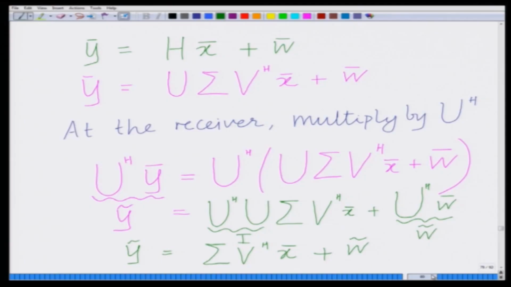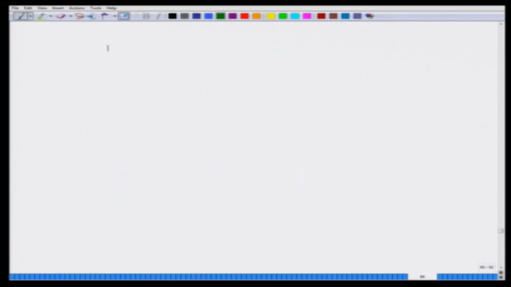So, this is the net system model I have at the receiver.